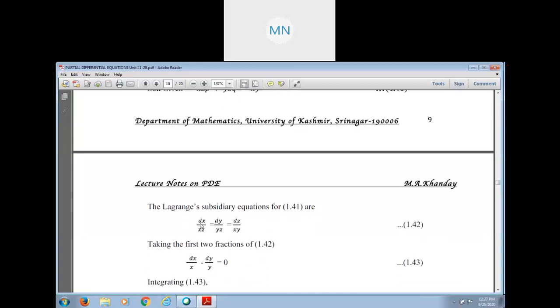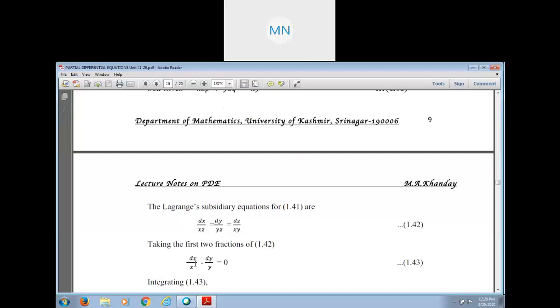Now first take the first two fractions. Then we get dx by xz equals dy by yz. If we take z as common, we can cancel this term. Then it looks like dx by x equals dy by y. Now you have to integrate this.